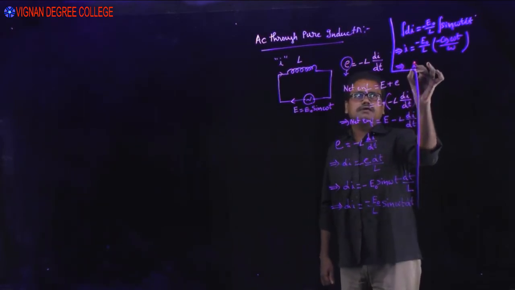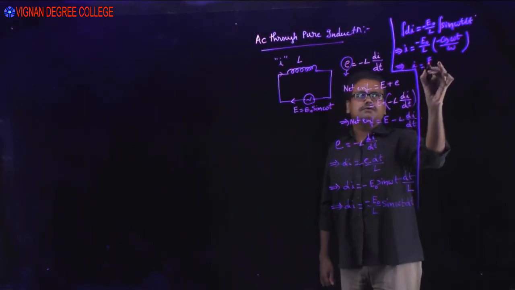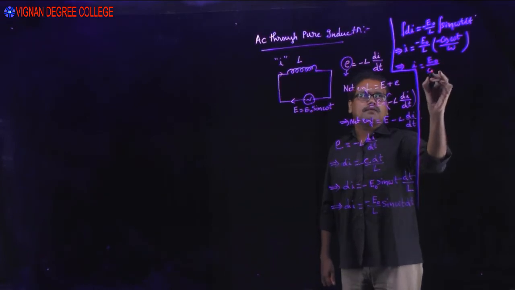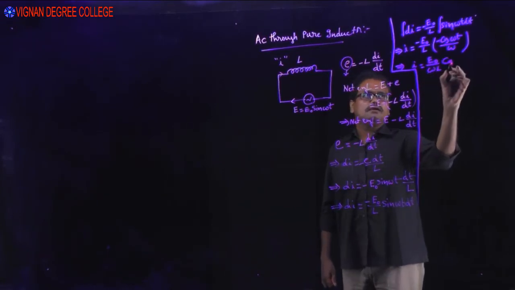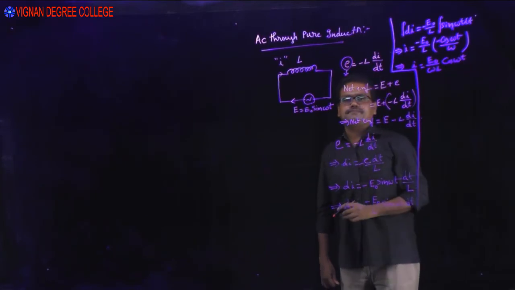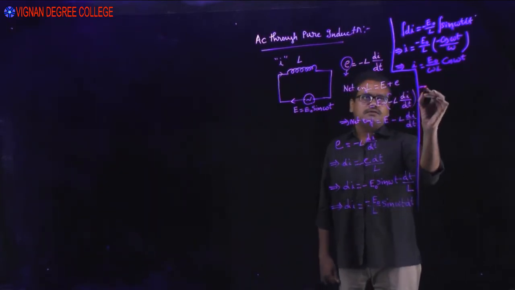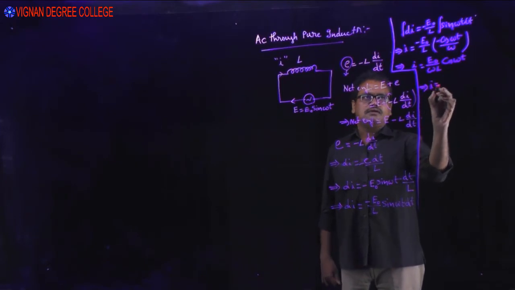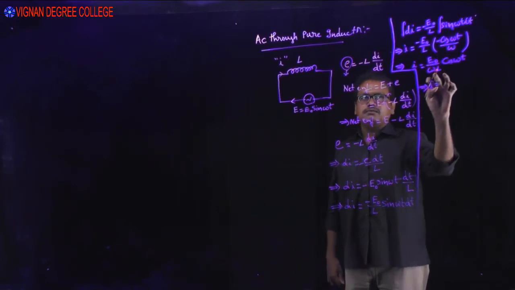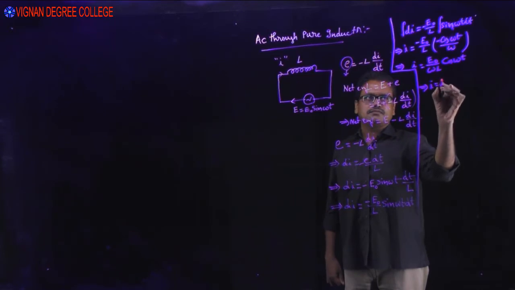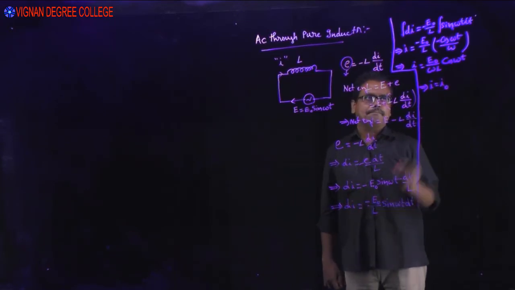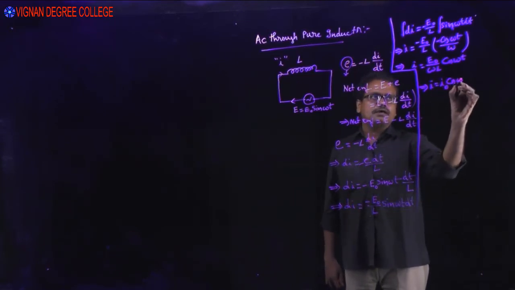That implies I is equal to E naught by omega L cos omega t. Here E naught by omega L gives maximum current I naught cos omega t.